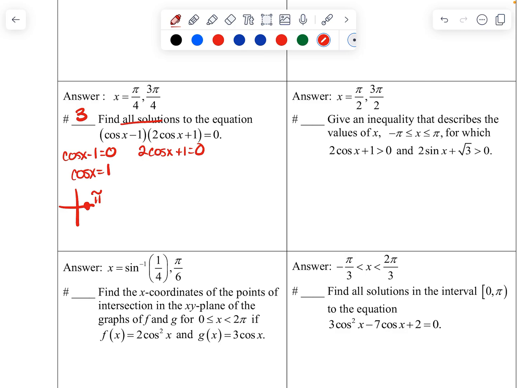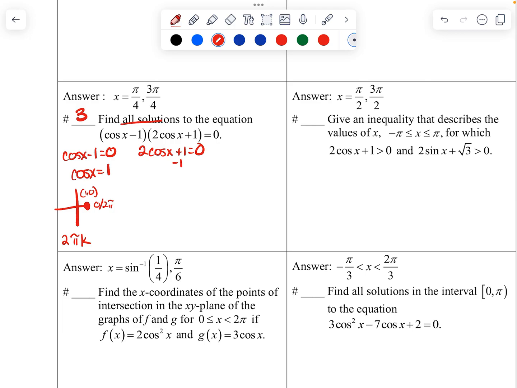So at 0 or 2 pi. Let me try and erase that. Oops. Because that's the coordinate 1, 0. So this is at 0 or 2 pi. So it's every 2 pi k, because every time you go around the circle.